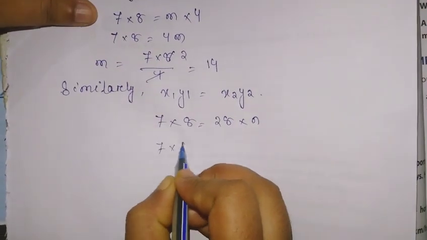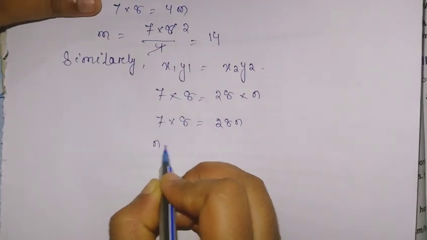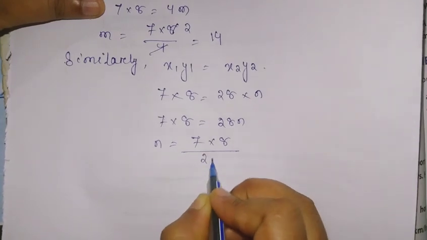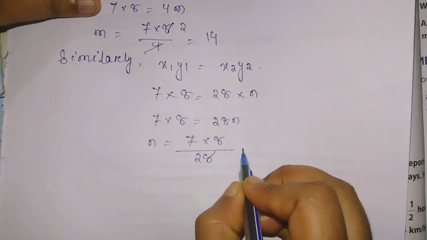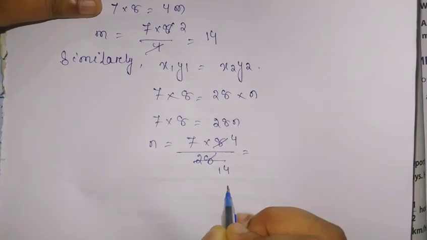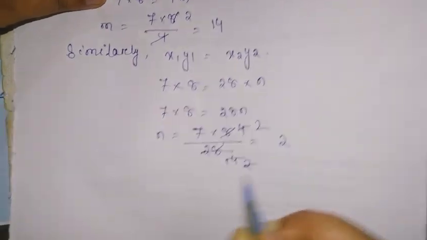Then 7 into 8 equals 28n. Then n equals 7 into 8 divided by 28. 2 fours are 8, 2 ones are 2, 2 fours are 8, then 7 twos are 14, then 2 twos are 4. n equals 2.